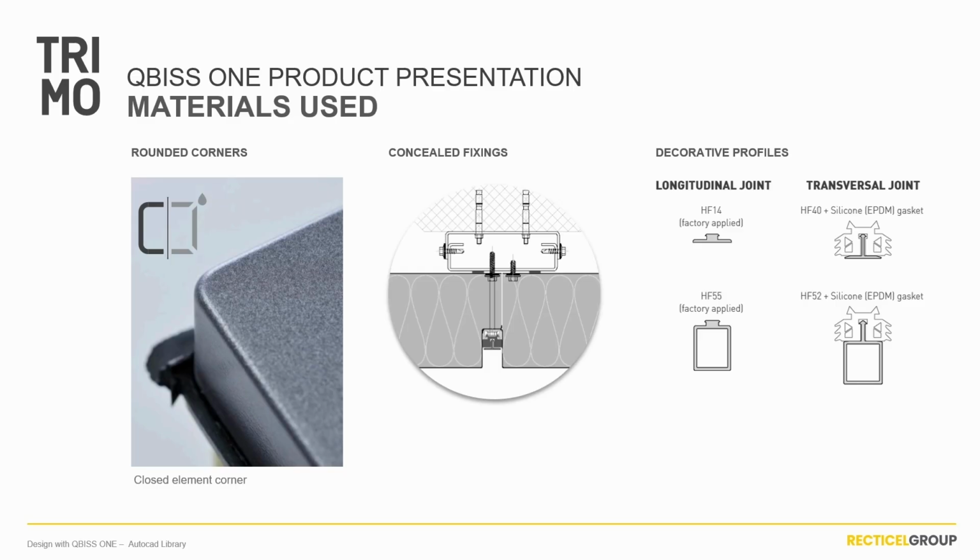Decorative alloy extrusion HF defines color of the joint, and together with silicone transversal gasket covers fixing elements and protects against water ingress. With a wide range of aluminum profiles, we can adapt vertical and horizontal joints to either have shadow or flush joint as mentioned earlier.